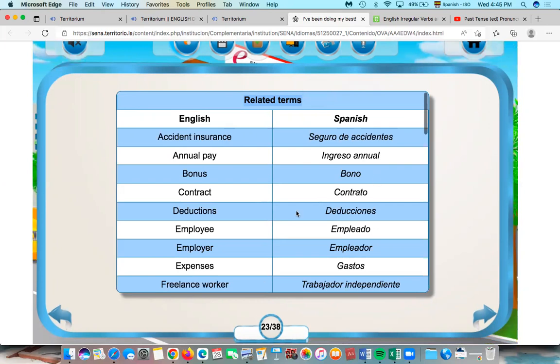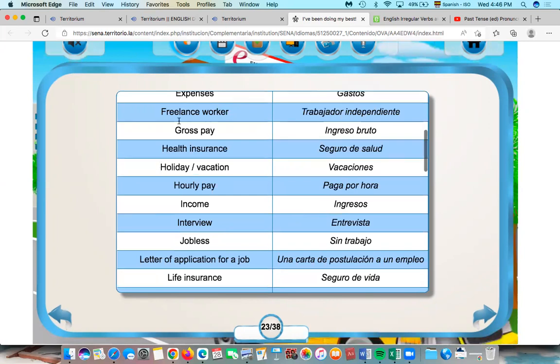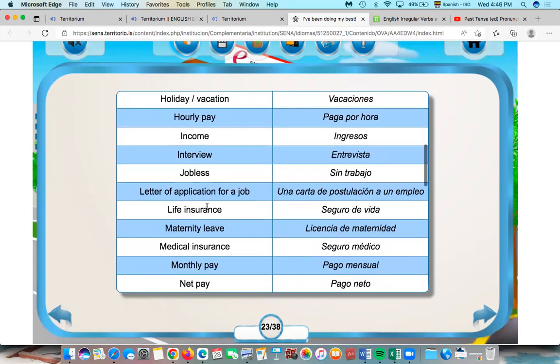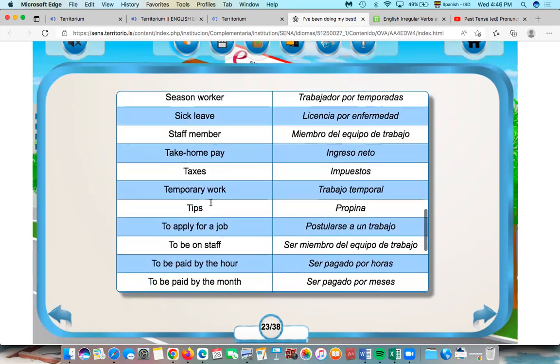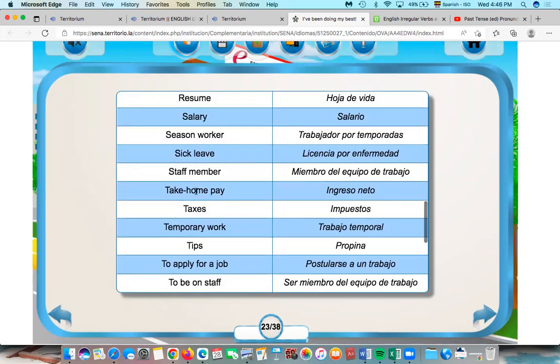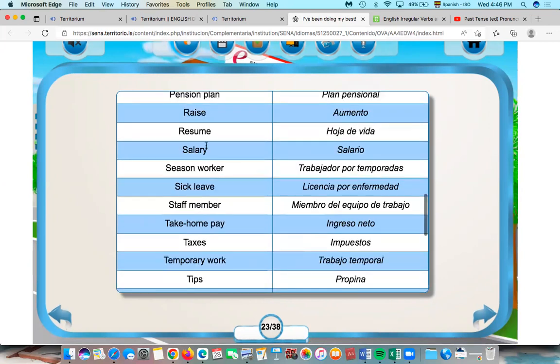But you can see here different expressions that might help you and can be useful when you move to an English-speaking country, like taxes, take home pay. Staff member. When you say staff member, it's an employee, but we don't say employee, we say staff member.